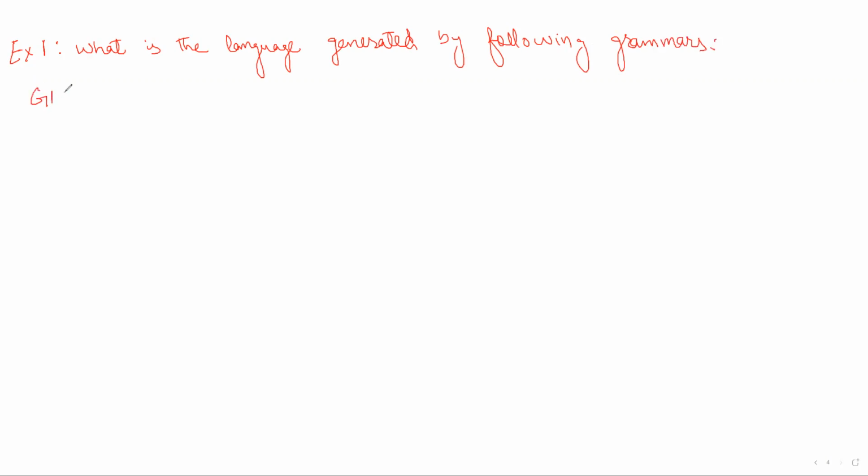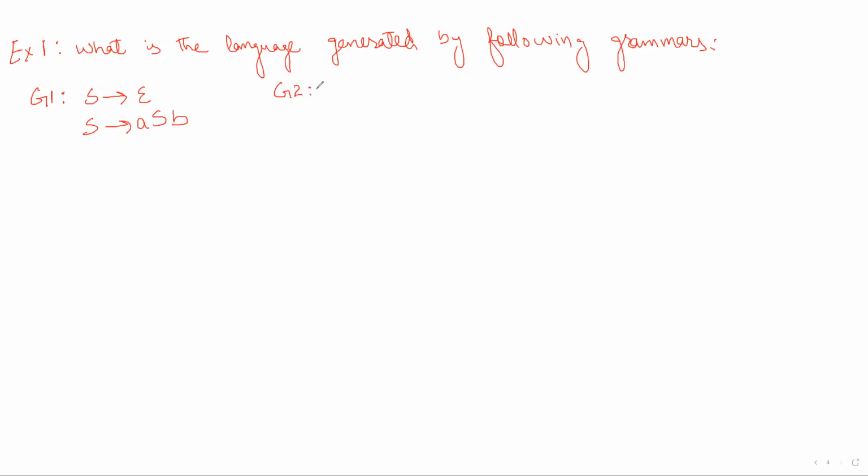G1. I will only write production rules. S gives epsilon. S gives A S B. So this is grammar 1.